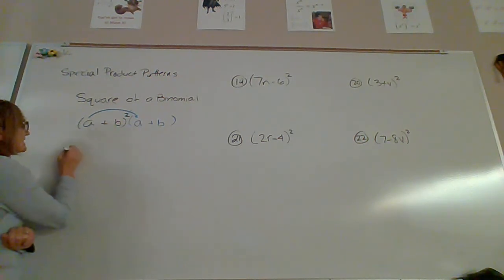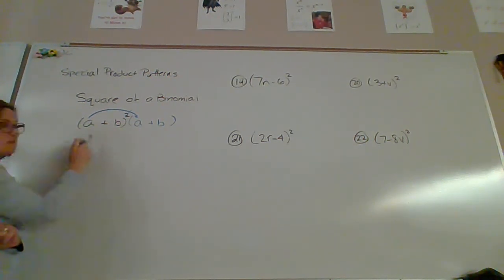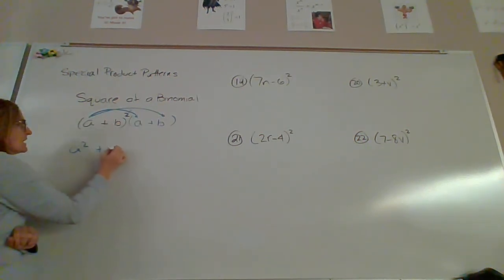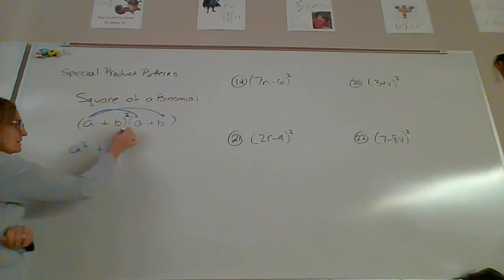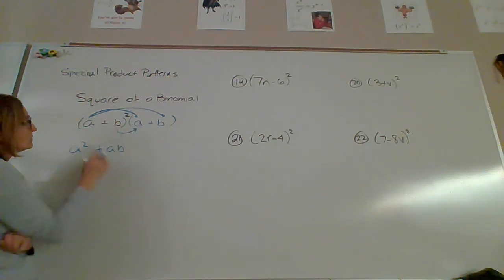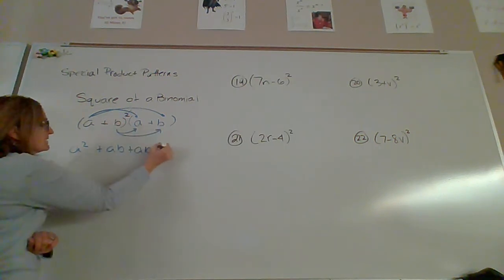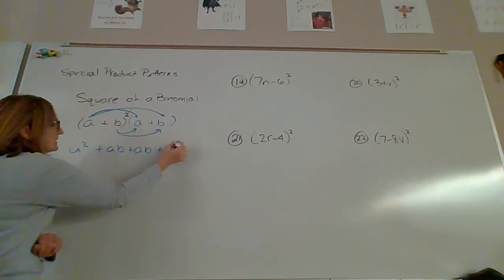You've got A times A is A squared. Then you've got A times B gives us plus AB. Multiply the B through, we get another plus AB, and then multiply the B times the B, we get a plus B squared.